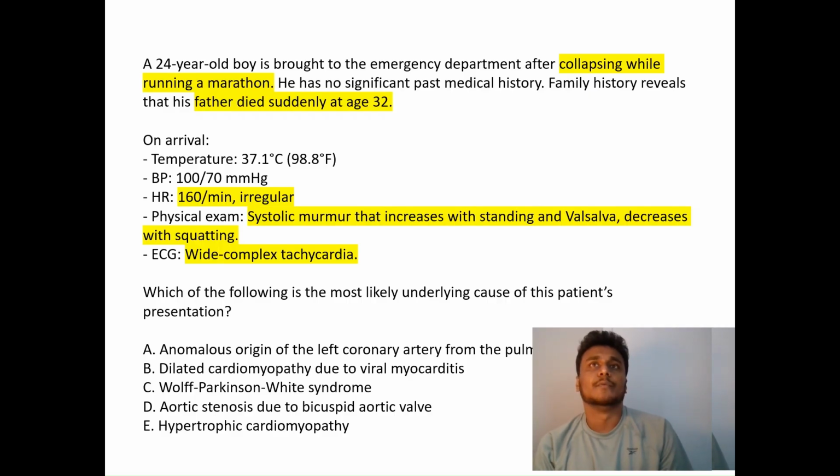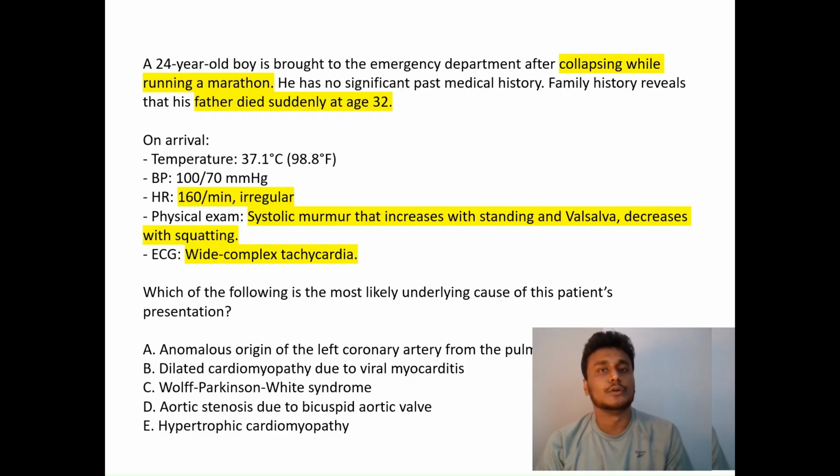In other words, when there is a lot of blood exiting the heart, the murmur is not as intense. But when there is a little bit of blood that is exiting the heart, the intensity is high. Okay, and then decreasing while squatting, because when the patient is squatting, there is increased return of blood to the heart, and when this increased blood is exiting the heart, the intensity of the murmur is decreasing.